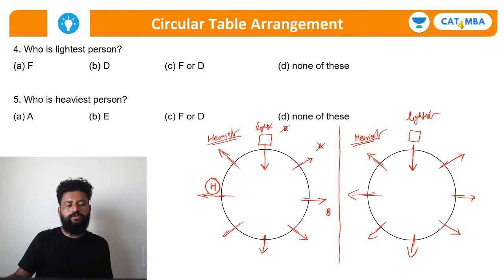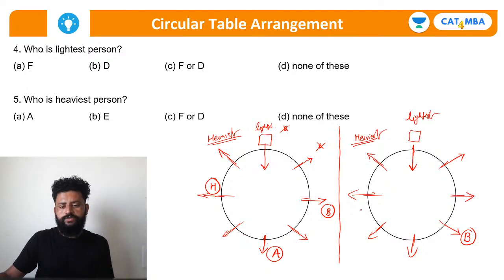So I'll take B here, and A is second to the right of B. In this case, B is heavier than 3 persons, 1 2 3. It was given heavier than at least 2, so it will be either 2 or 3, it cannot be 4, and it cannot go further. So you have this possibility, one more, and H sitting here.